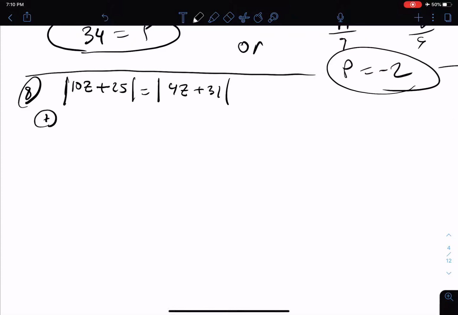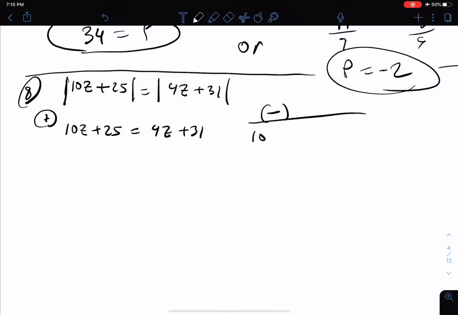The positive case just says, okay, we need 10z plus 25 equals 4z plus 31. And remember the negative case. Oops, that's not negative. Remember the negative case. The negative case just says take 10z plus 25, which is equal to the opposite of the expression 4z plus 31.